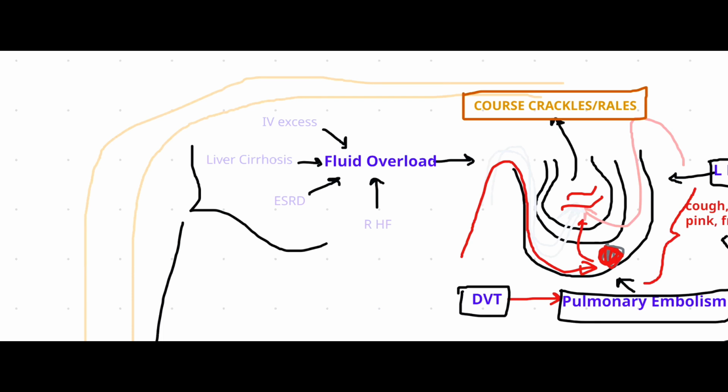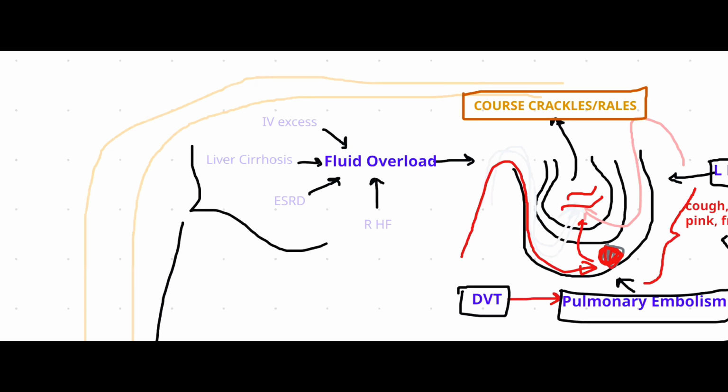Okay, or right side heart failure. Right side heart failure is also known as cor pulmonale. And what causes cor pulmonale is an issue with the lung. That's why it's called pulmonale.